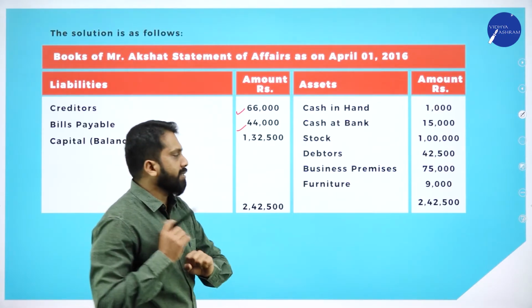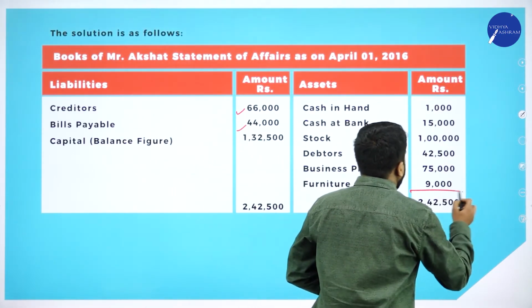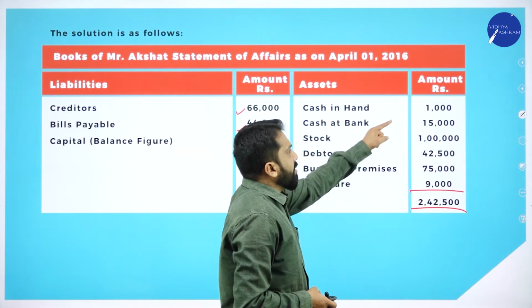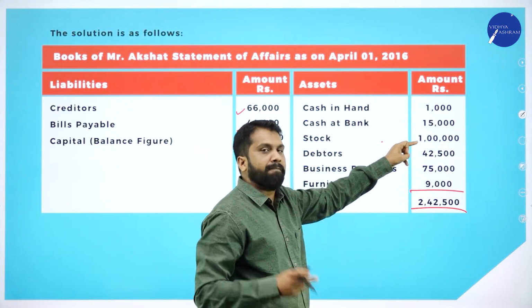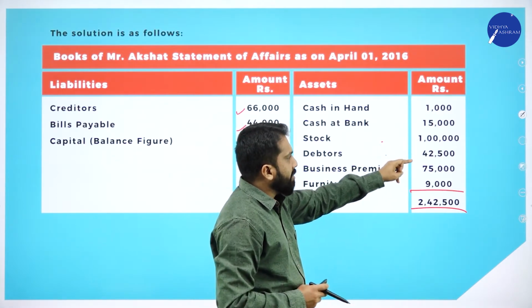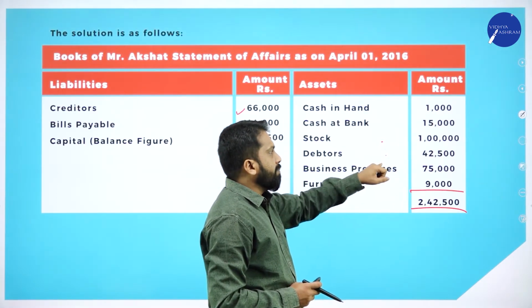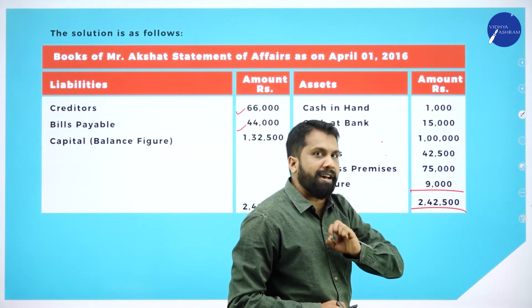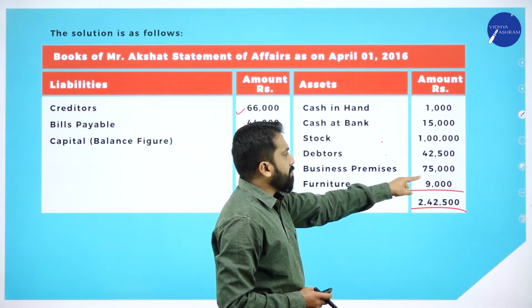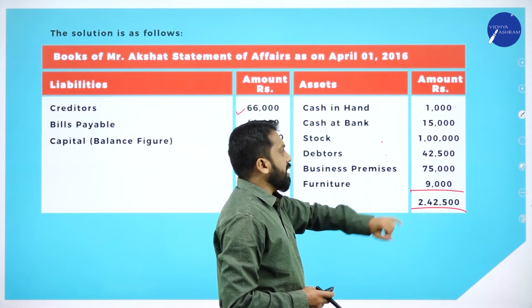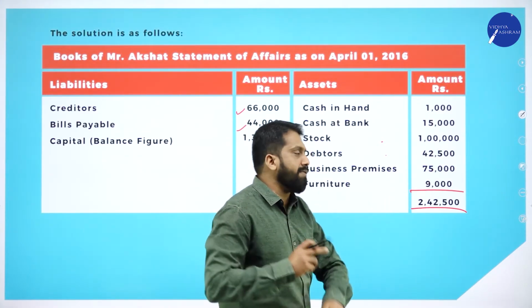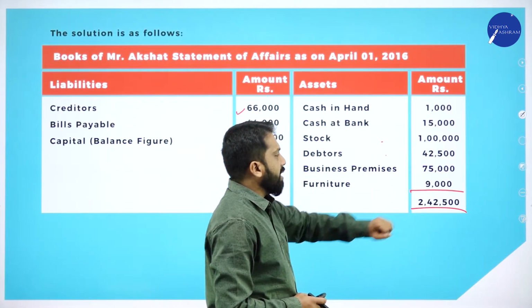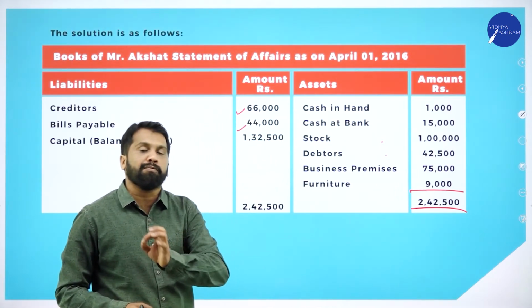Clear? Yes. Now, your total is 1,000 plus 15,000, 16,000, plus 1 lakh, 1 lakh 16,000, plus 42,500, 1 lakh 58,500, plus 75,000, it will be 2 lakh 33,500, plus 9,000, it will be 2 lakh 42,500.